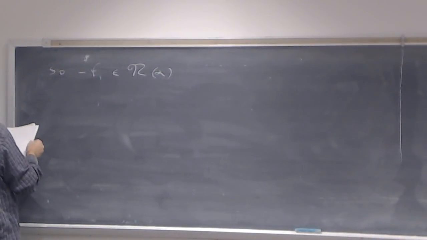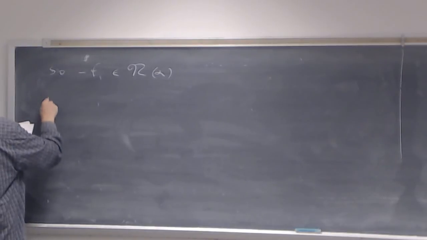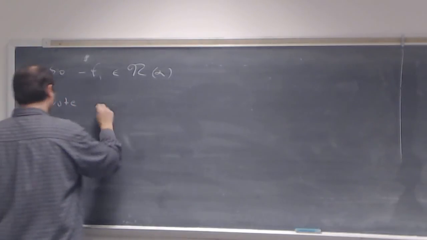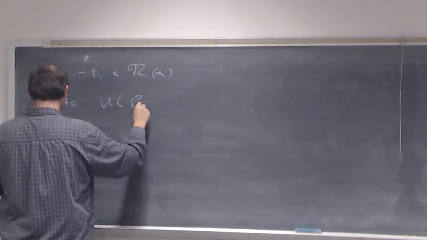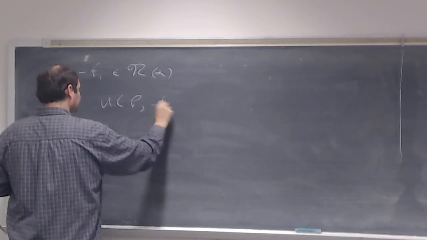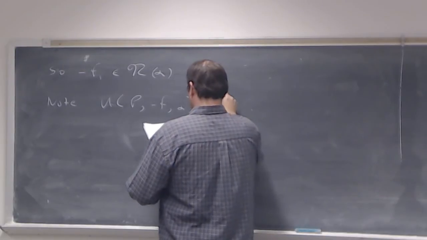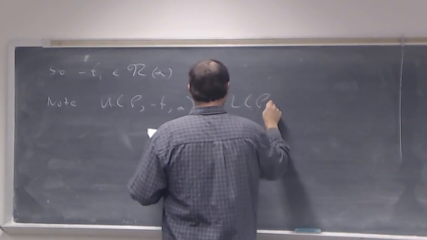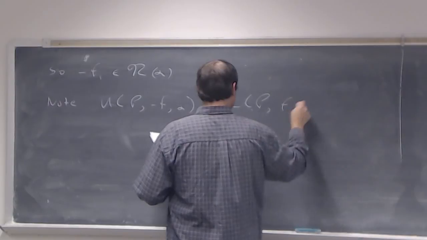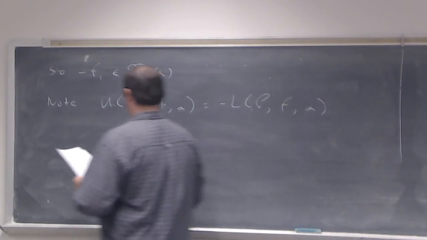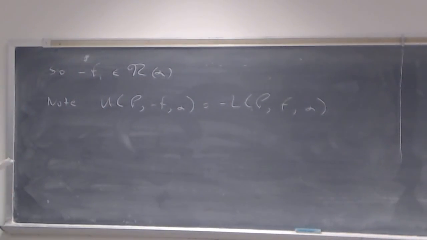Now, let's just note that the upper sum of the partition minus f of alpha is equal to minus the lower sum with the same partition of f and alpha. These things are the same.